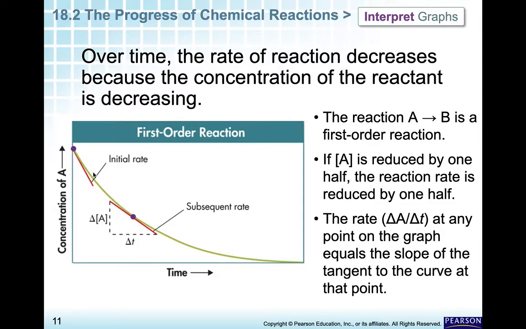So the important thing about a first order reaction, we've got a direct proportionality, which means if A is reduced by 1/2, so at some time we use up half of our initial concentration of A, our rate is now half as fast. It started very fast, it slowed down as A started disappearing and was used up, and when we have half of our A left, our rate is half as fast as it was in the beginning.